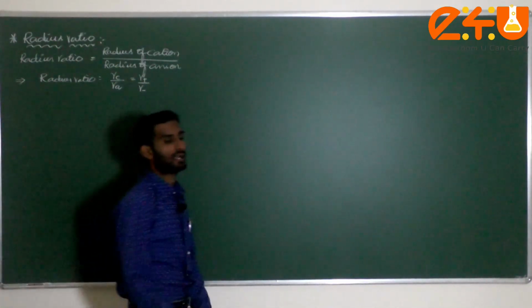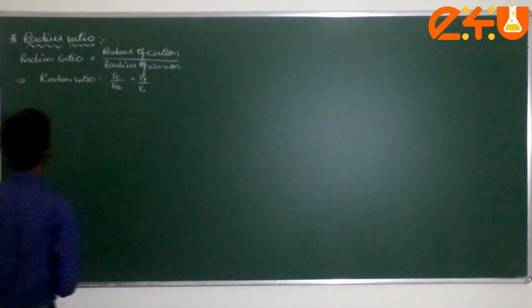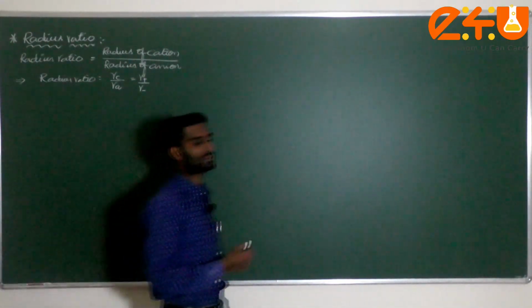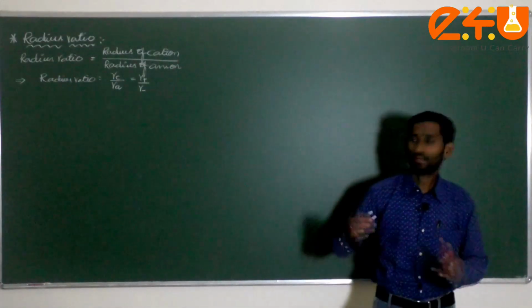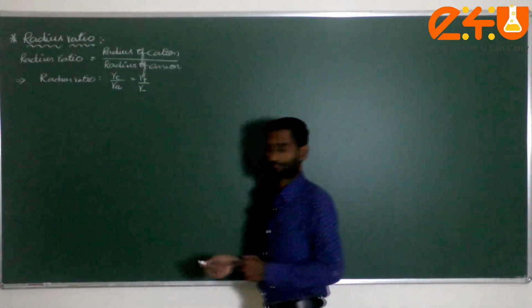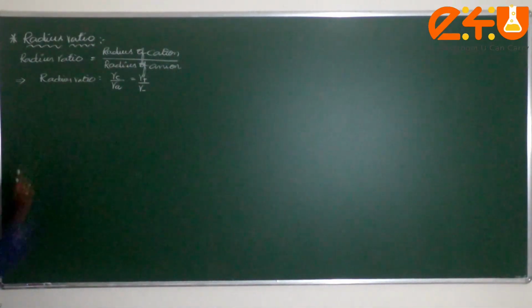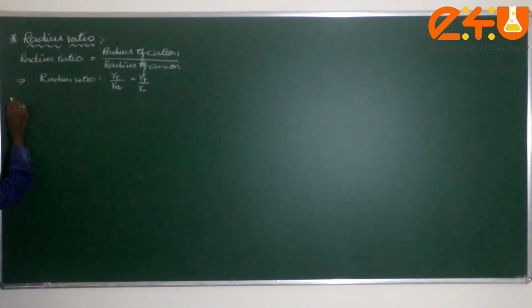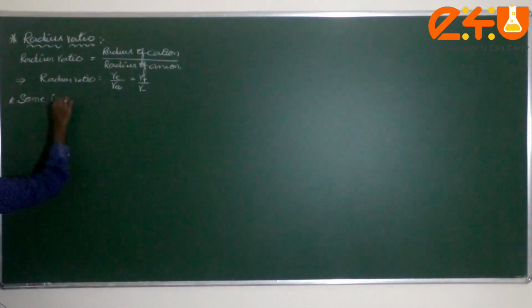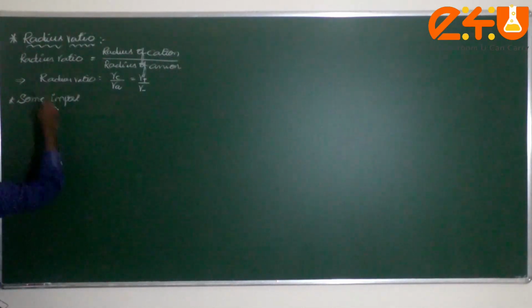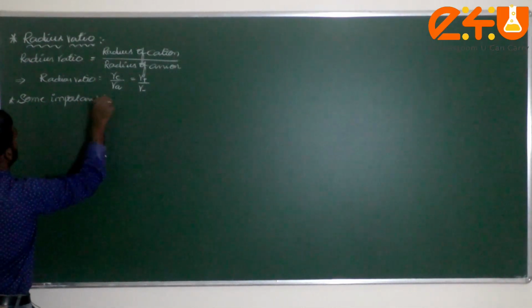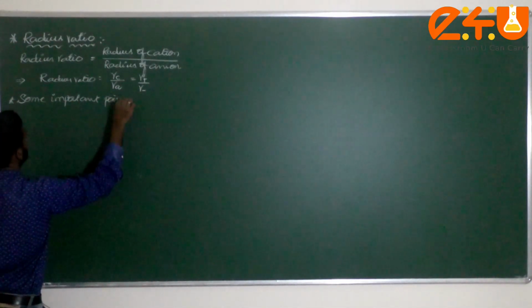Now from that radius ratio we are going to write some important points on what this radius ratio is giving for different types of crystals. Some important points regarding radius ratio, you must remember, dear student.